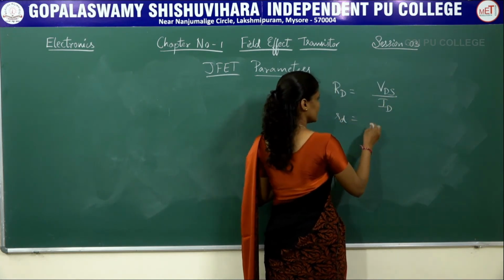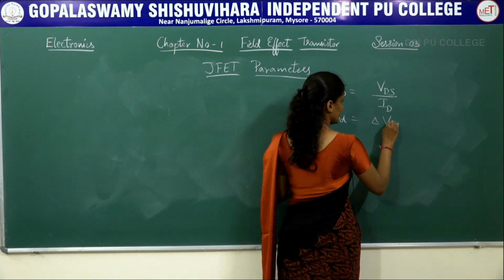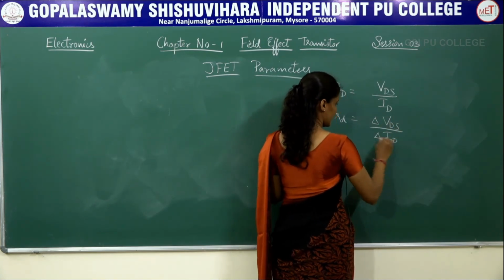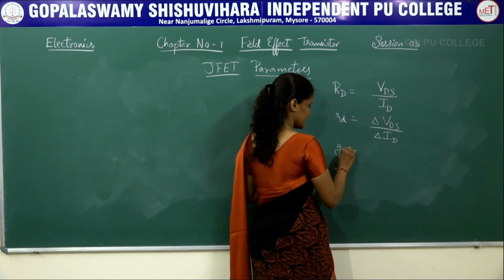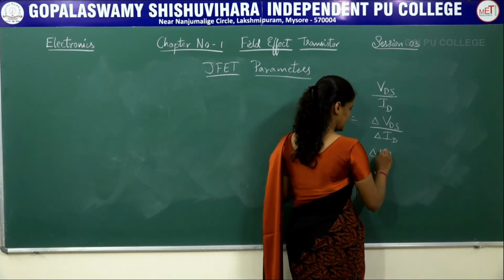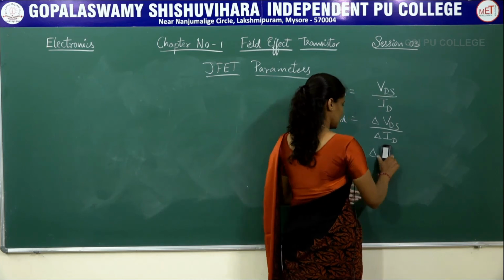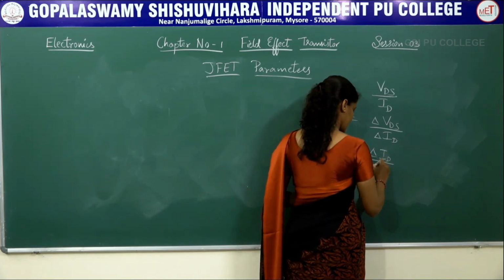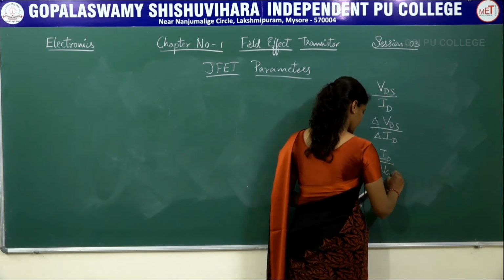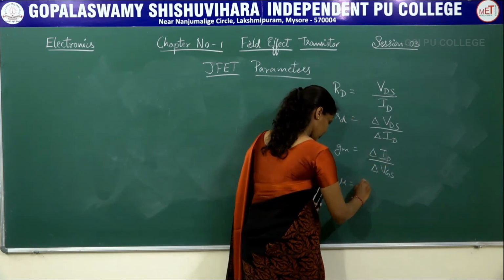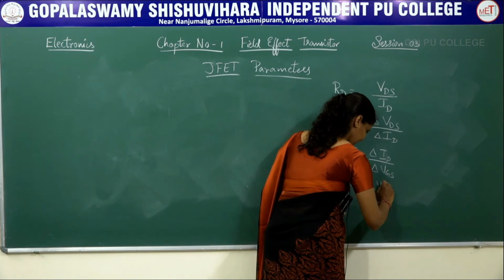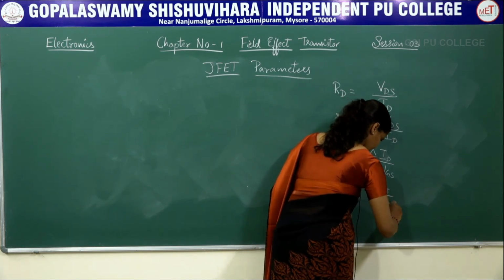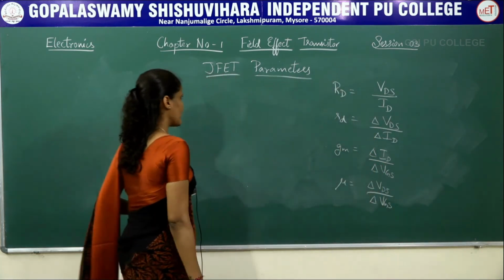Small letter rd, AC drain resistance, is delta VDS by delta ID. Transconductance Gm is delta ID divided by delta VGS. Amplification factor mu is delta VDS divided by delta VGS. So these are the four different parameters.